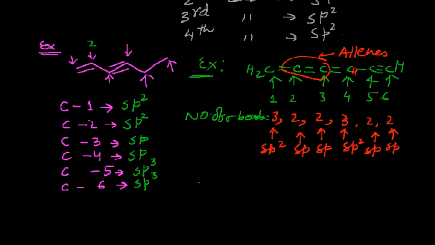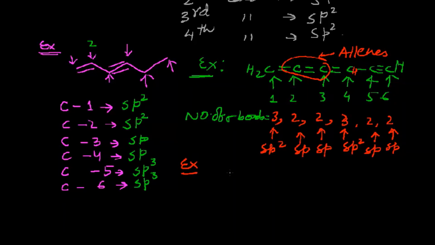So we have just identified 2 different classes of questions, in which the very first thing that is frequently asked is the number of sigma and pi bonds, and the second one is the number of hybrid orbitals involved there. So I'm just taking another example which is describing only cumulenes.